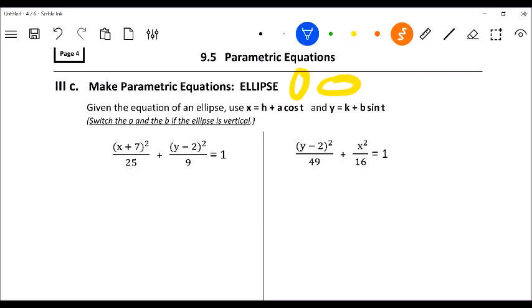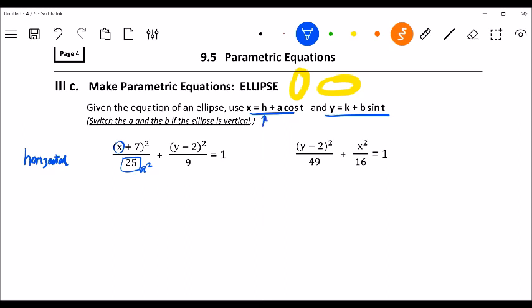You figure that out based upon whichever x or y is on top of the larger denominator, that being a squared. The x means we're parallel to the x-axis, so this one is horizontal. And that means we'll use these two equations that are given. They're different from the last equations.